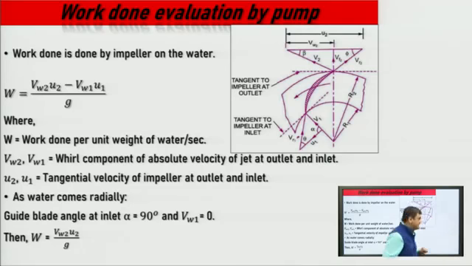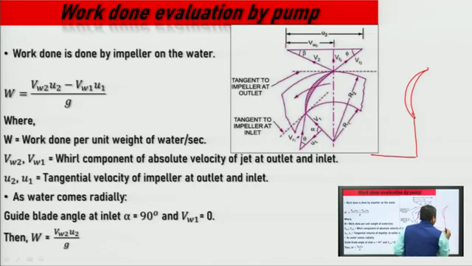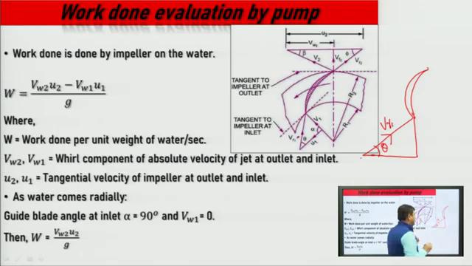Okay, just see the inlet diagram. This is the vane, a backward vane. This angle is theta. This velocity is the relative velocity VR1.